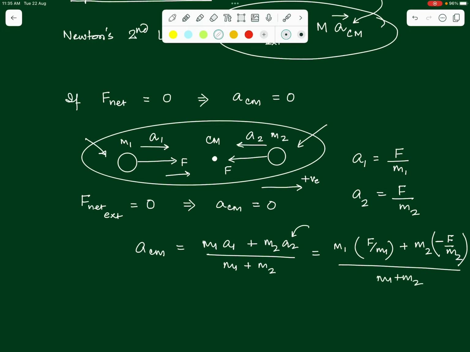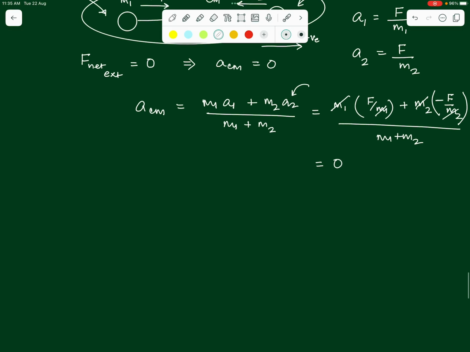See that m1 cancels out, m2 cancels out, and you're left with F minus F, which is nothing but 0. So you indeed get the acceleration of center of mass of this system to be 0. So though the two particles independently are experiencing some force, they are having some acceleration also, they are moving also, the center of mass does not move because the force is not external. It's all internal force which is creating this motion, right?